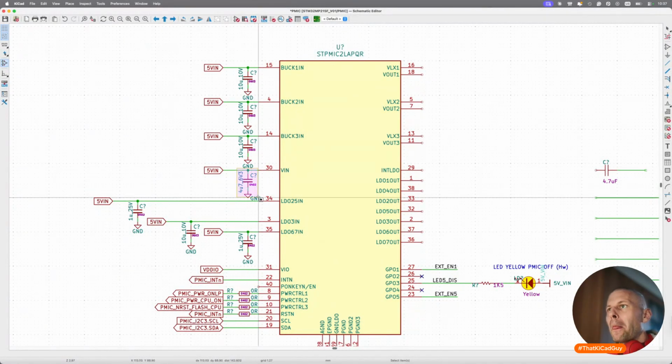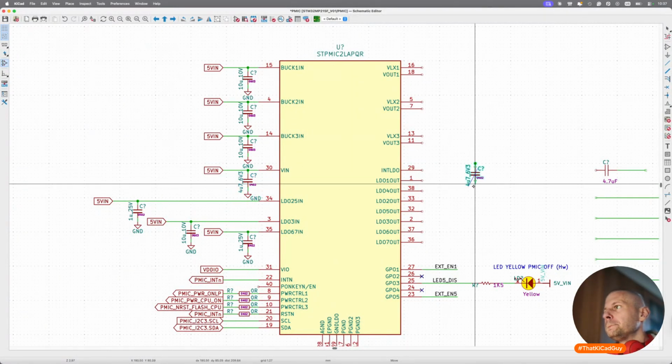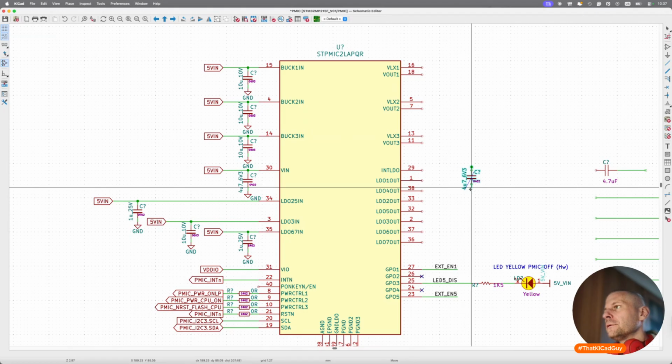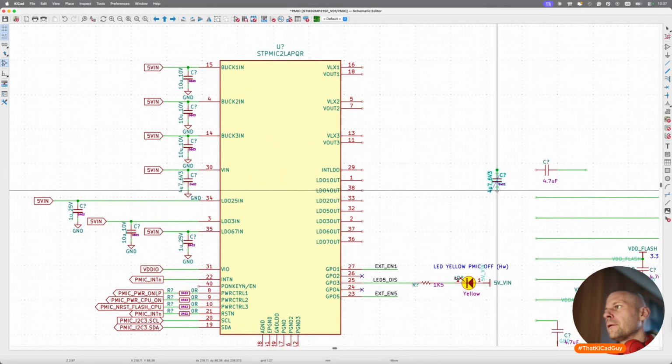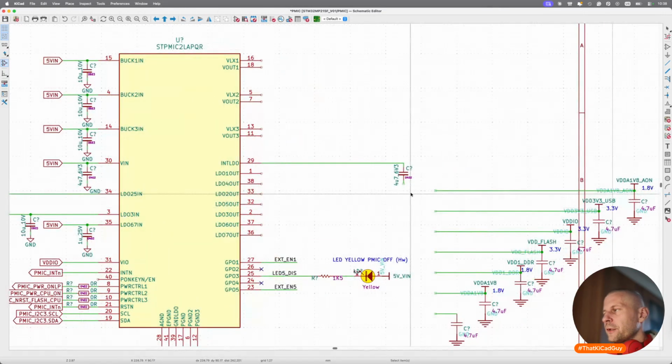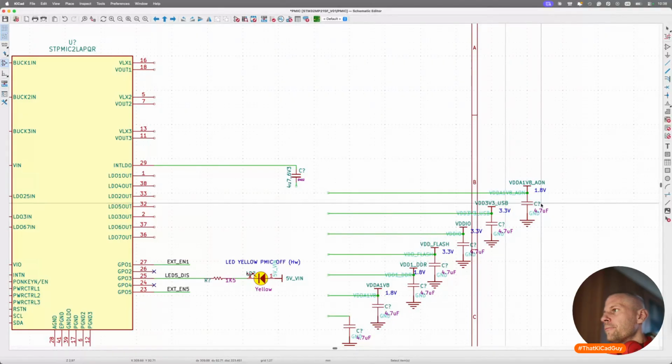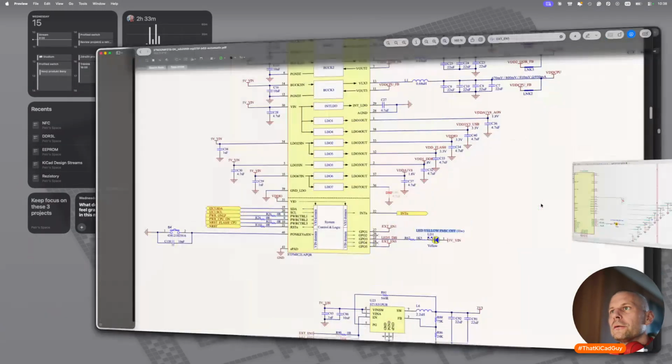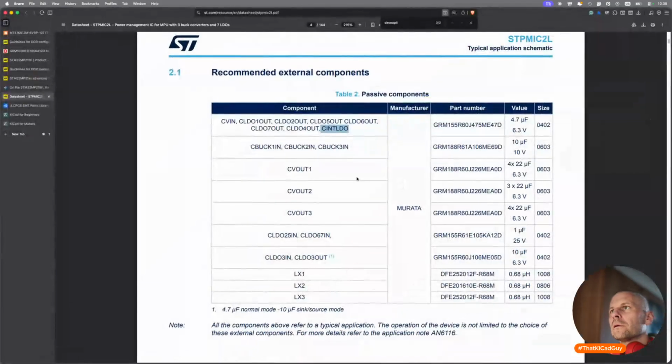This. Yeah, we have to save space. So this is this one without ground so far. LDO1 out.